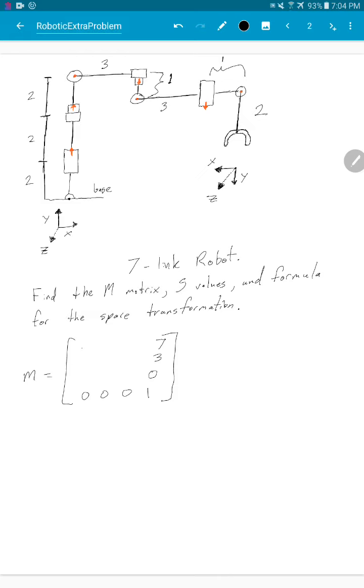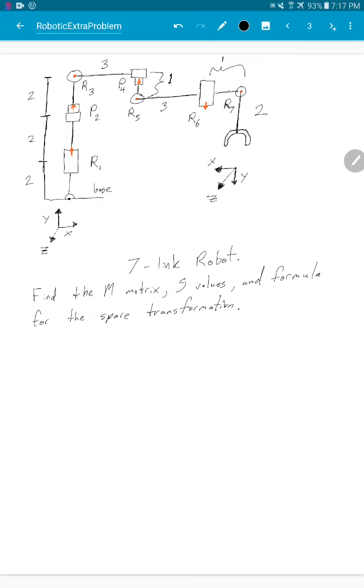So we write the minus x vector in the first position. And the y vector, we can see that's just opposite the space y vector, so we just put the negative of that in there. And then the z direction of the end effector is in the same direction, so that is just the regular z vector. And that's the M matrix.